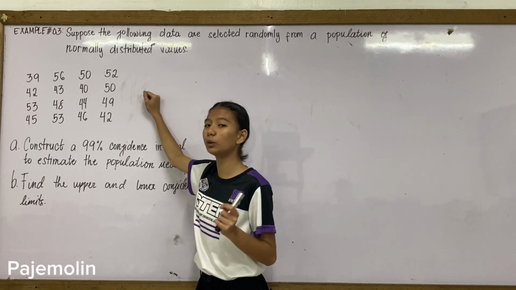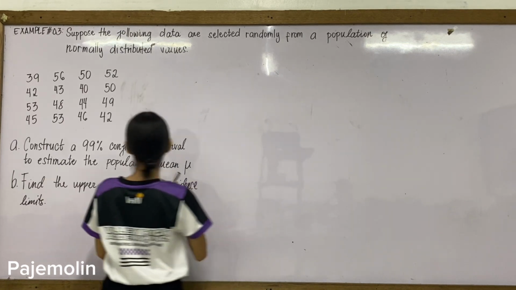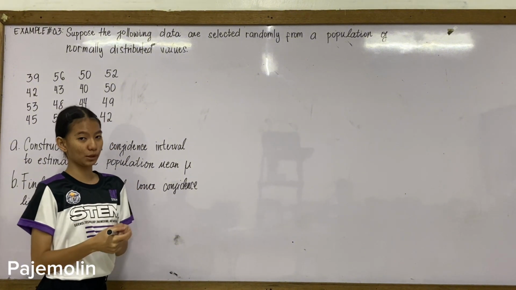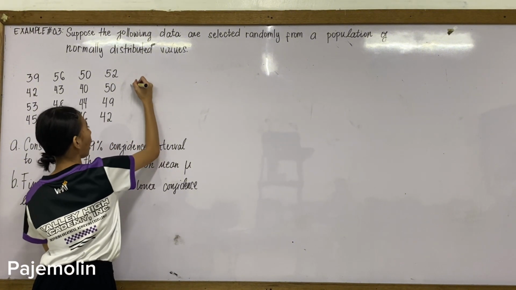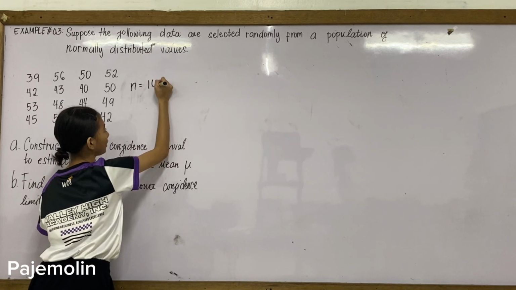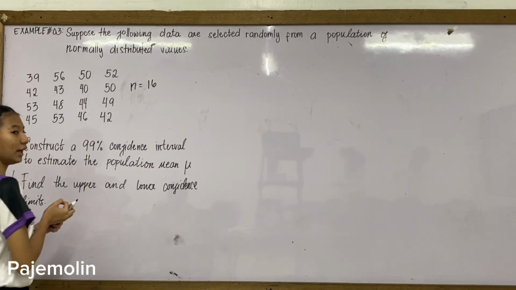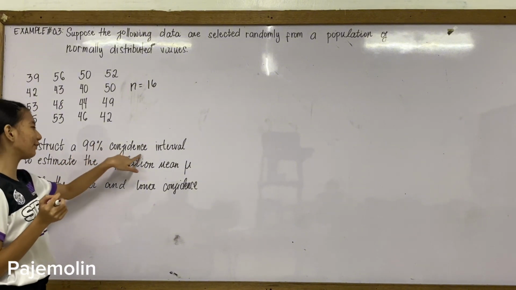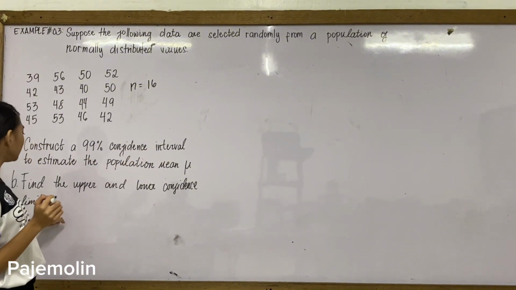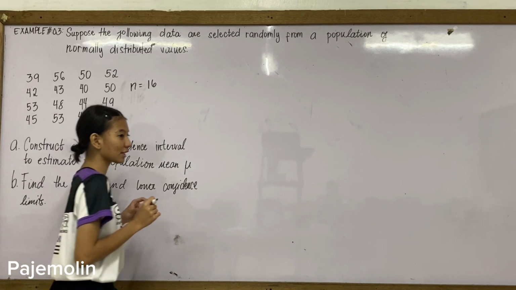So all in all, we have 16 samples, and that is what we call the sample size, which is our n. So n is equal to 16. We need to construct a 99% confidence interval, and find the upper and lower confidence limits.